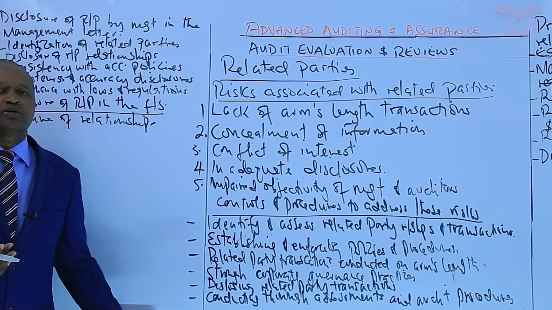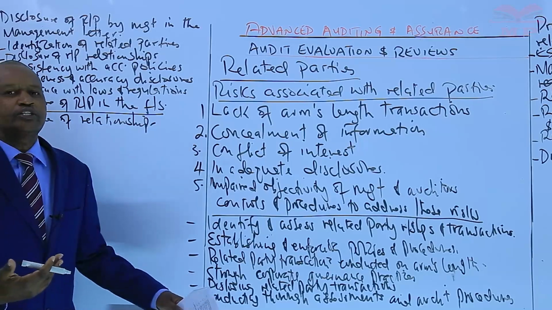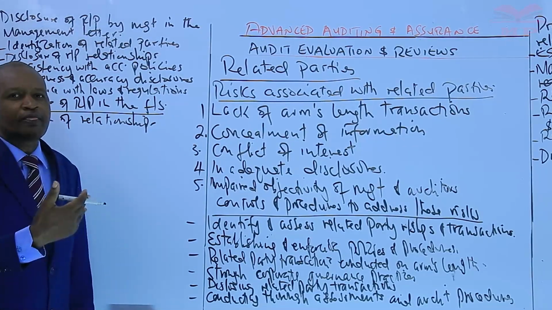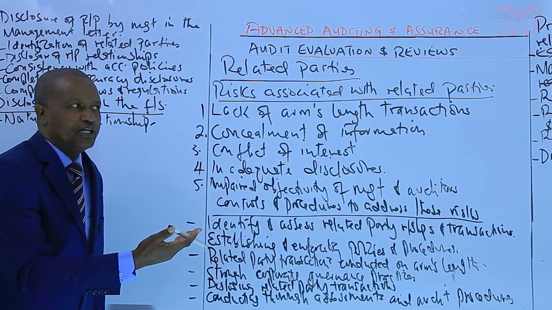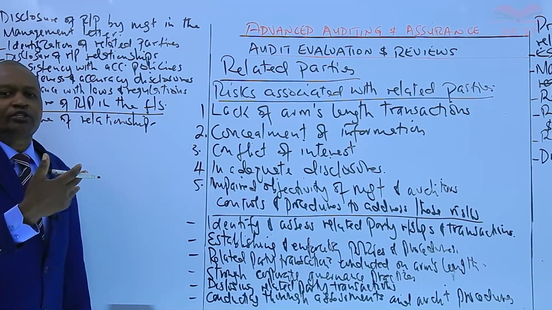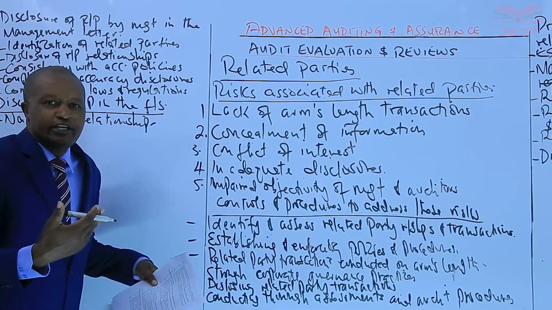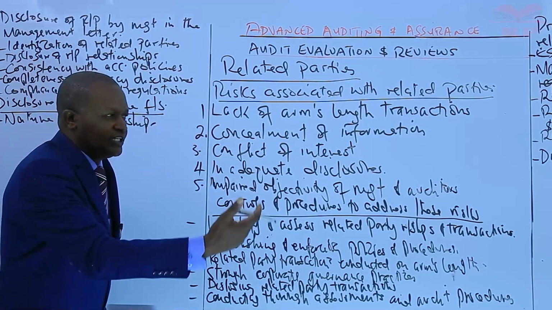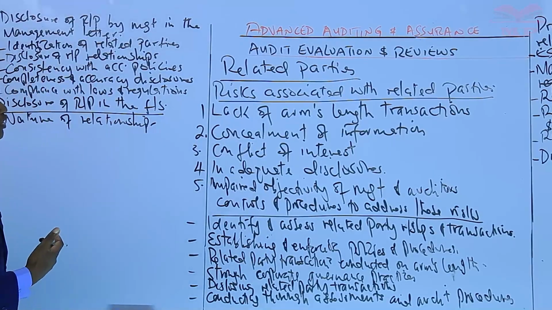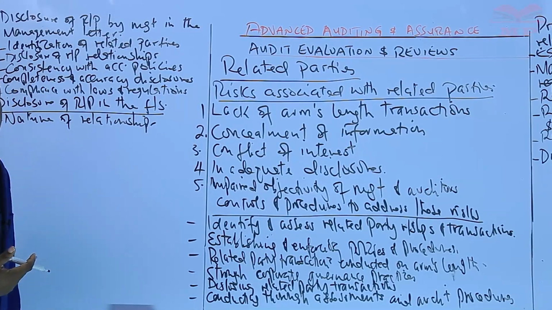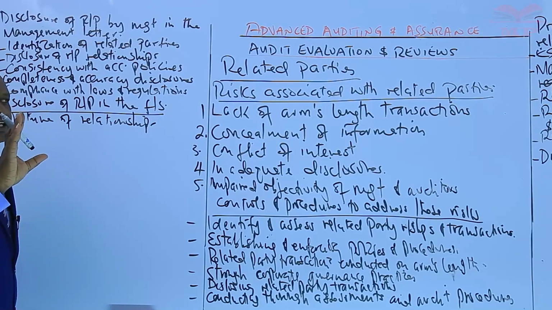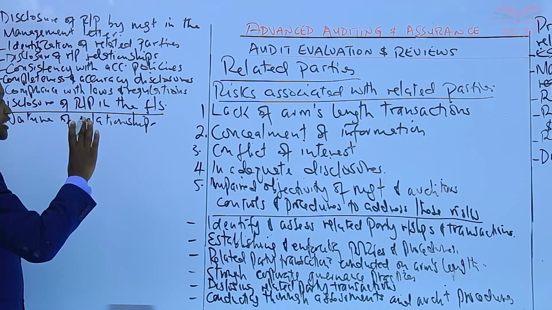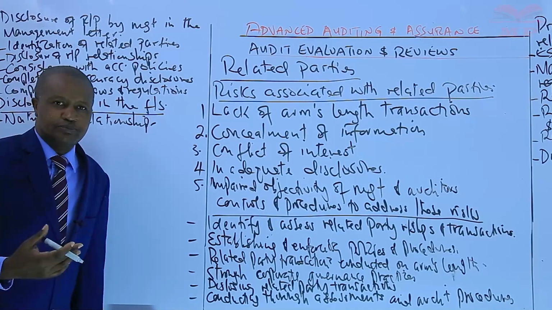Because that information includes relationships with individuals, or relationships with other entities, or relationships with key management personnel, which may have significant influence on the decisions of the organization. So there ought to be information regarding the nature of the related party relationships.